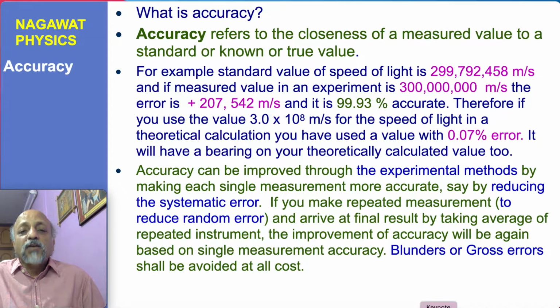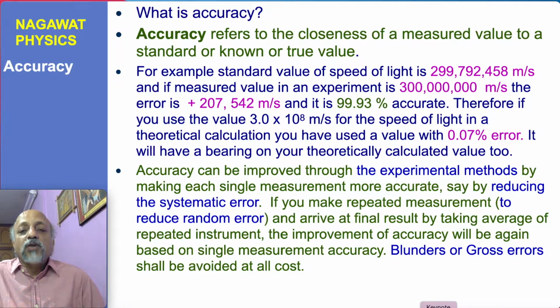So in this particular example, we find that error is plus 207,542 meter per second, and it means that this measurement involves a 0.07% error, or one can say that it is 99.93% accurate.